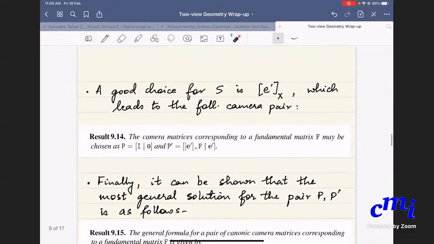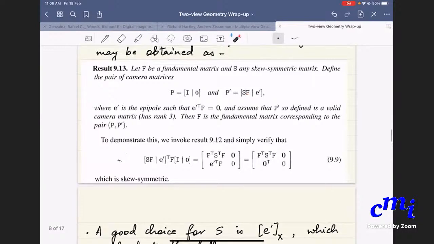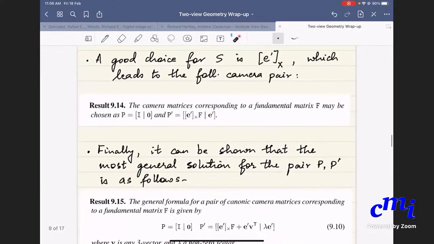So a good choice for S is taking this, and if you do that, then you get the camera pair P equal to I0 and P prime equal to this matrix. We just substituted S in this formula. So this 9.14 we will refer to later also.